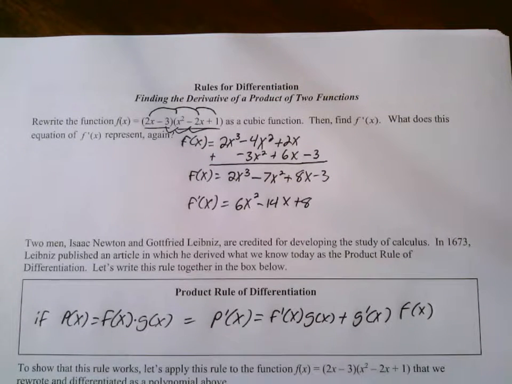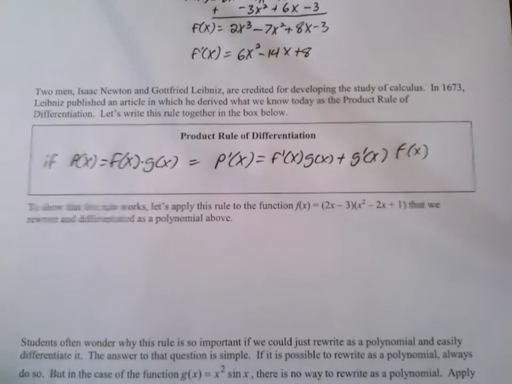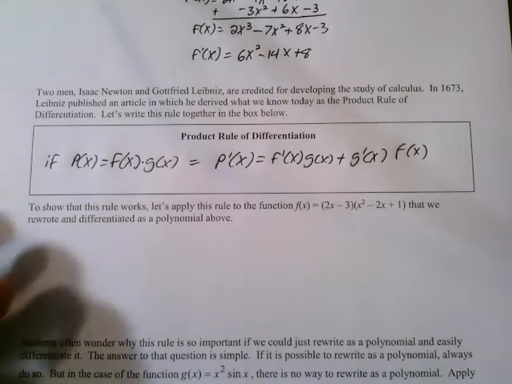And this rule will save us no time on this example up here. We'll actually cause more work for ourselves. But for functions that we cannot take the derivative of, it will be most helpful.